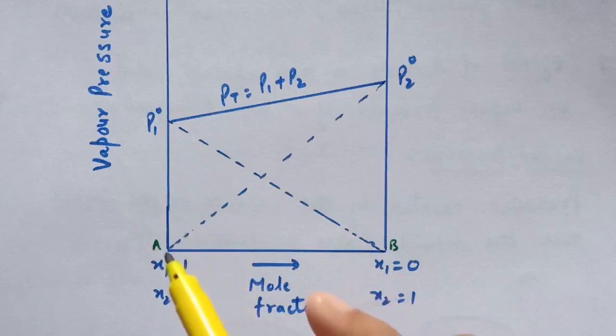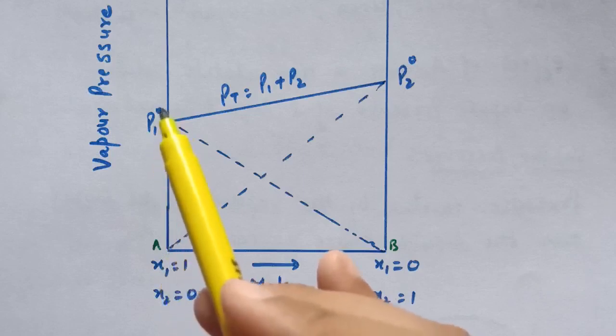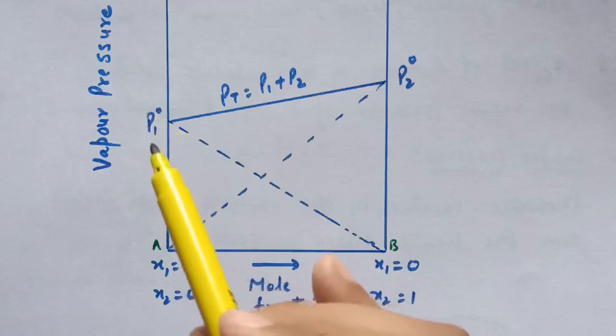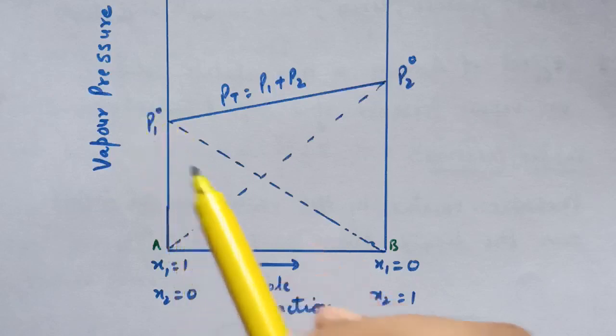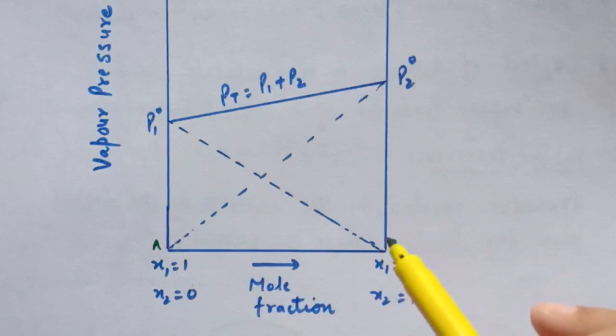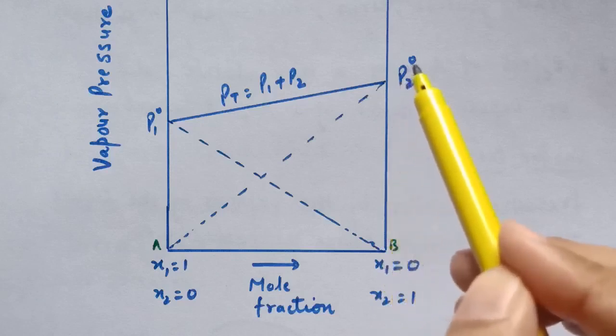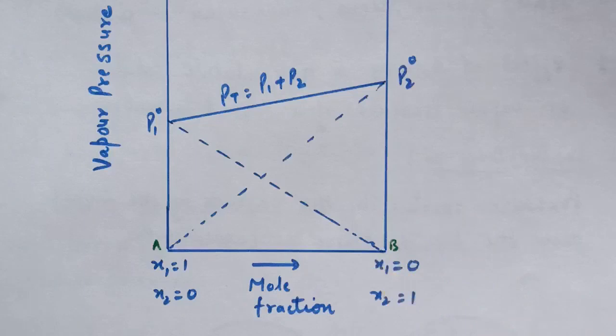So at point A we have the mole fraction for component 1, and the vapor pressure is represented by P1 naught, the pure vapor pressure for component 1. At point B the vapor pressure is because of component 2, and here the mole fraction of component 1 is 0. So P2 naught is the pure vapor pressure for component 2.